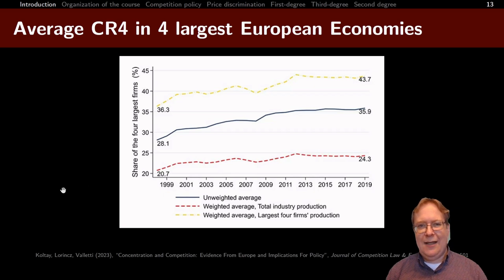But what you can see overall is that in this century, indeed, the average CR4 has increased, right? So this picture of increasing market power, or rather increasing ratios of prices to marginal cost that we saw, this picture suggests that it indeed may be explained or partially explained by an increase in market concentration.